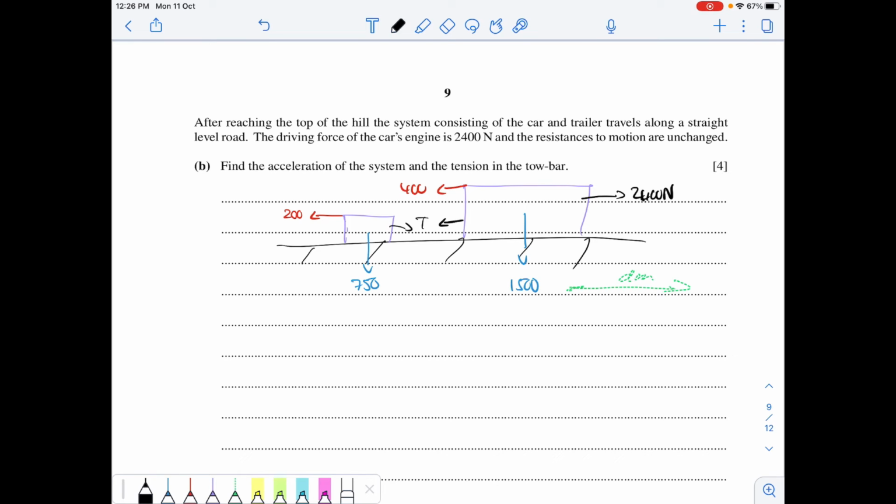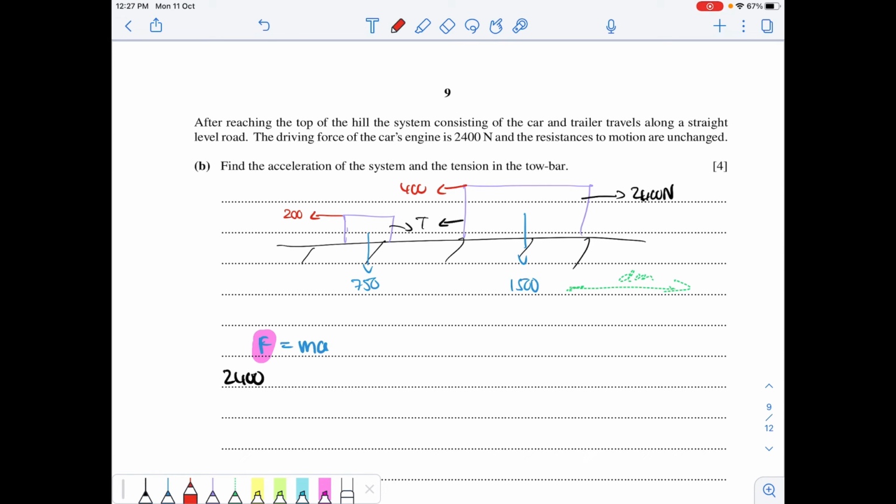So the first thing we're going to do is consider the system as a whole, and that's going to allow us to find the acceleration. So using Newton's second law again, this is the net force. So what is the net force? Well, we have 2,400 newtons traveling in the direction of motion. That's the power from the car.